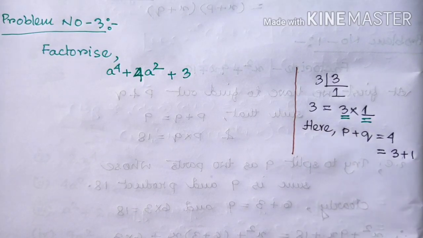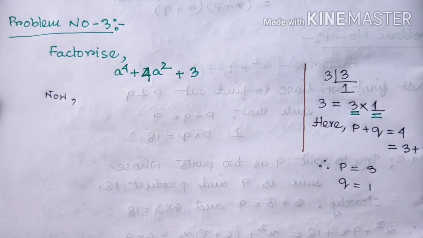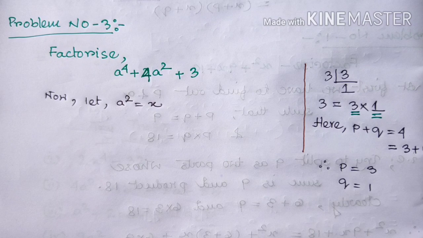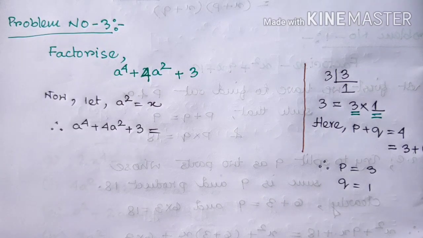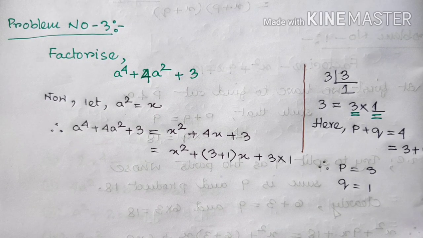Therefore p equals 3 and q equals 1. We have to assume a square equals x. Therefore the given polynomial transforms into x square plus 4x plus 3, and we write it as x square plus (3 plus 1) into x plus 3 into 1.